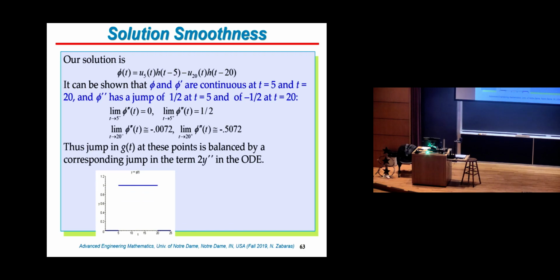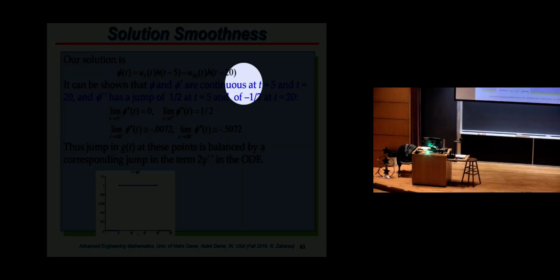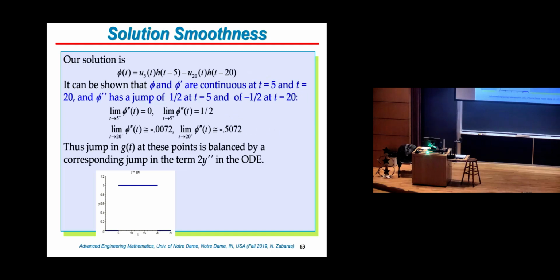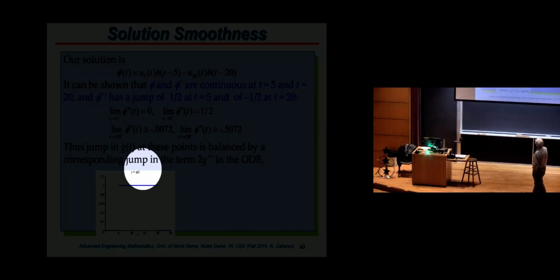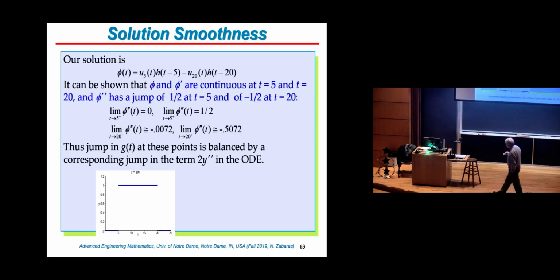And you notice again, at t equal to 20, the discontinuity is minus 1/2 because g goes down by 1. So 2y double prime has to match that, so the discontinuity in y double prime will be minus 1/2. By the way, because I copied this plot here, this is a function g of t, so it should not be labeled y equal to g of t. It's the function g of t. Okay.